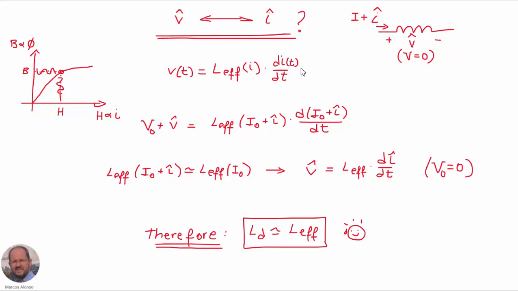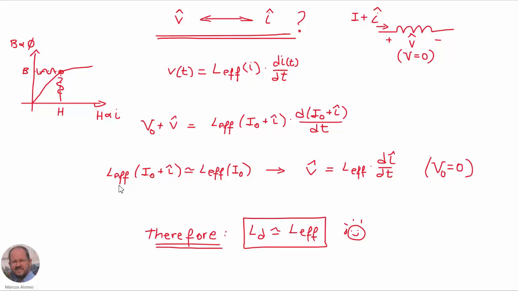So if we add perturbations to this equation, we can say that the DC level V_O, which is going to be 0, plus the AC level of the voltage, is equal to the effective inductance evaluated at the DC point plus the value of the AC component, times the derivative of the total current.